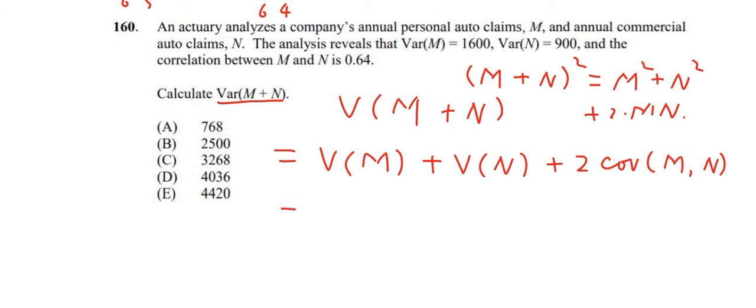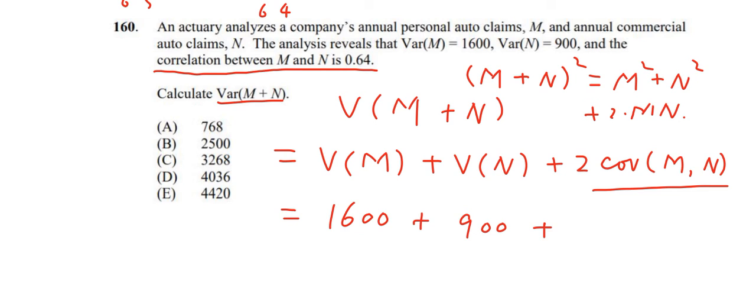So the only thing we need to find is the covariance. So how can we find covariance? It says their correlation is given. So what is correlation?